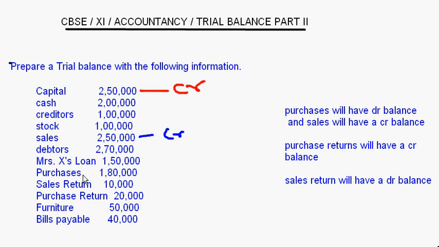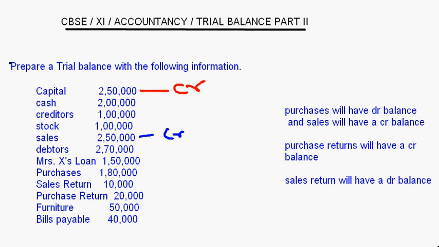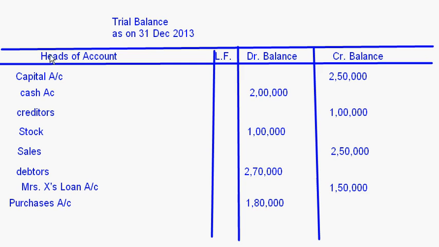Okay, now we are at purchases, 1,80,000. So here I'll write purchases account. On the debit balance side, we'll write 1,80,000. After that, sales return. Sales return I said has a debit balance. The amount is 10,000.